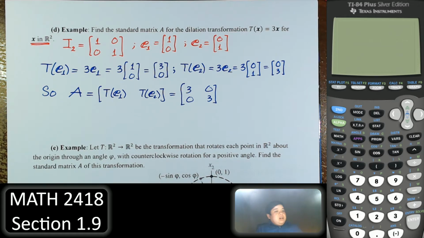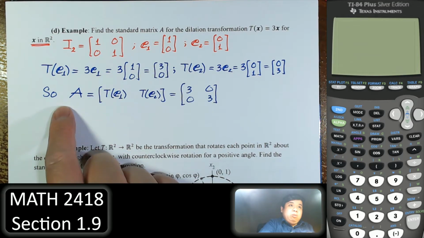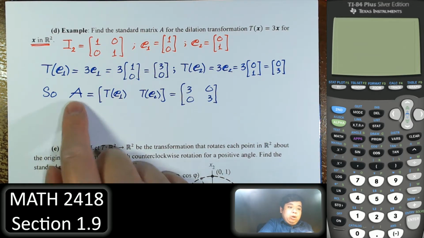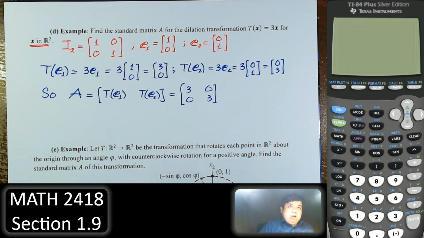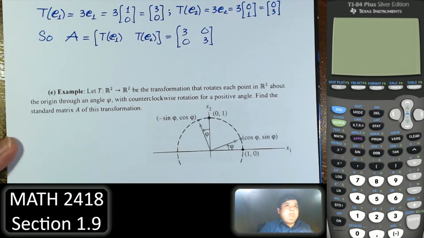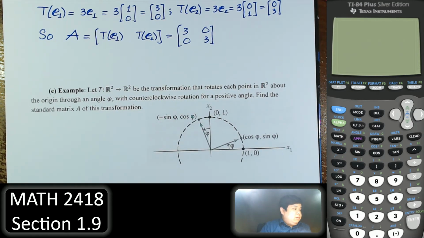So keep in mind that to find the standard matrix for the transformation, we just find the transformation of the columns of the identity matrix. And that's what we do in most examples in this section; we can always do that.